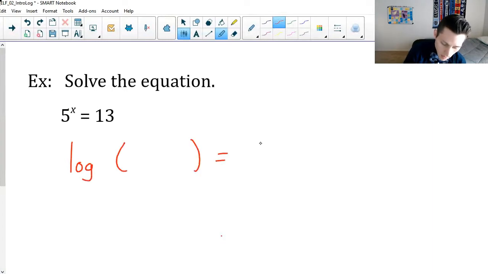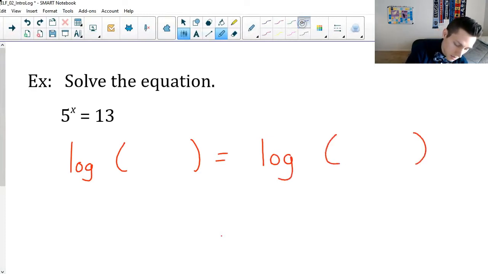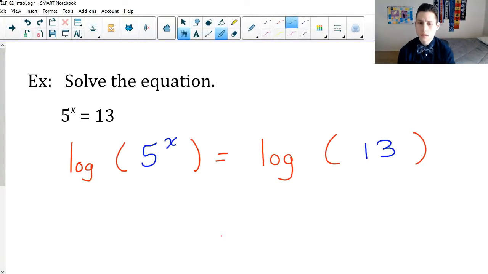And like any good math operation that we do, whenever I do something, I'm going to do it to both sides of the equation. So I took both of the things I had originally, but then I put them both inside of logarithms.